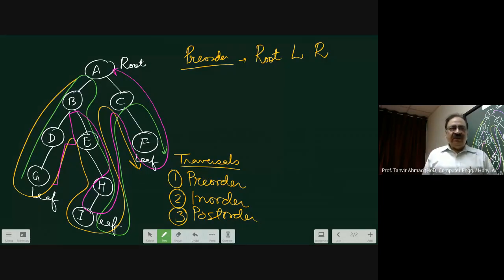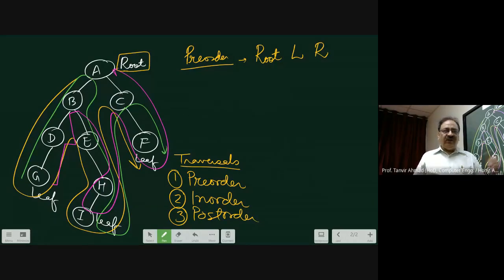Therefore, when you start traversing a tree, the only address you have is the root address. That means you only start with the root address, and from the root only, you start following the links. Obviously, the whole tree will not be visible to you. You can only know the address of the root. With this root only, I will start traversing.